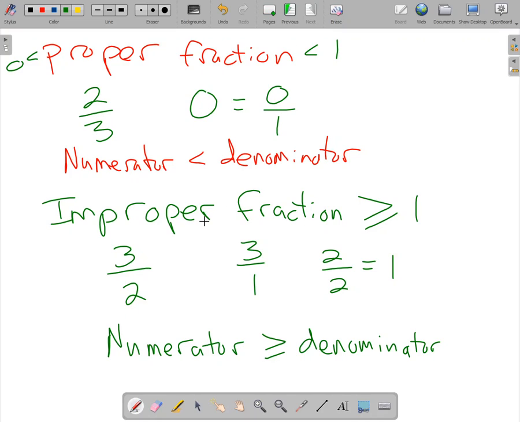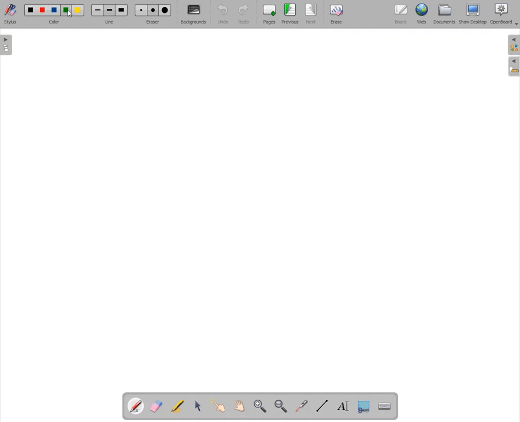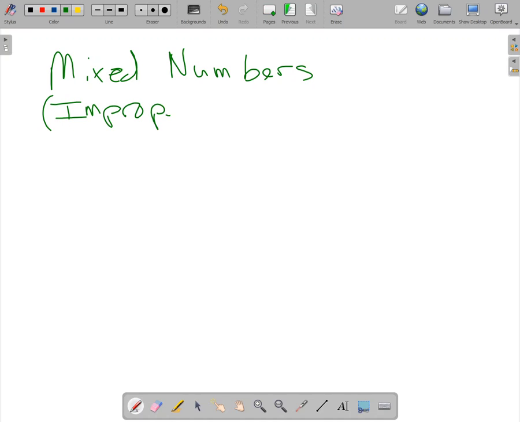And then related to proper fractions is the idea of mixed numbers. And mixed numbers are related to improper fractions through multiplication and division. So think about a number line for just a moment.